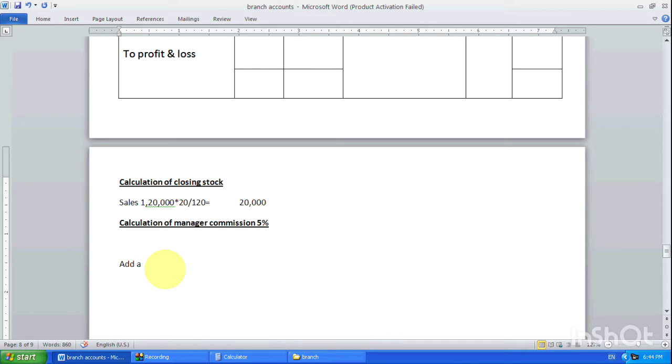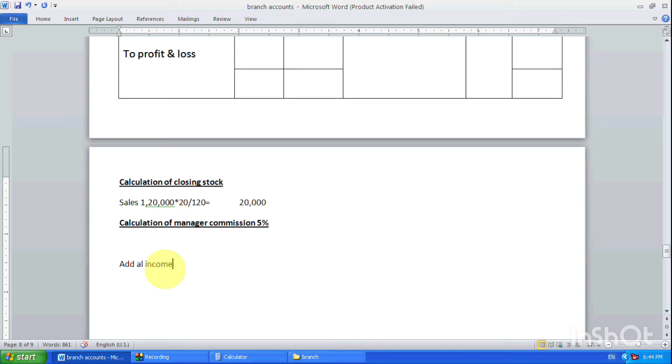Add all credit, meaning income. In place of income we can also write add all credit, anything, it just depends upon our convenience.